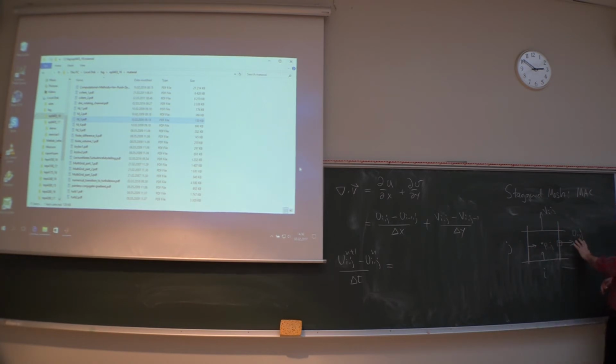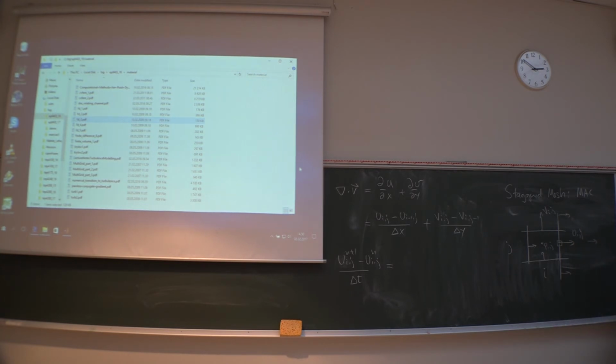But addressing the new velocity, we are now looking at this point. So finding the x derivative of this guy, I'm going to need the velocity over here minus this one, divided by 2 times the distance. If I want a double derivative, I'm going to need these 3. If I want a double derivative in the y direction, I'm going to need these 2 together with this one.